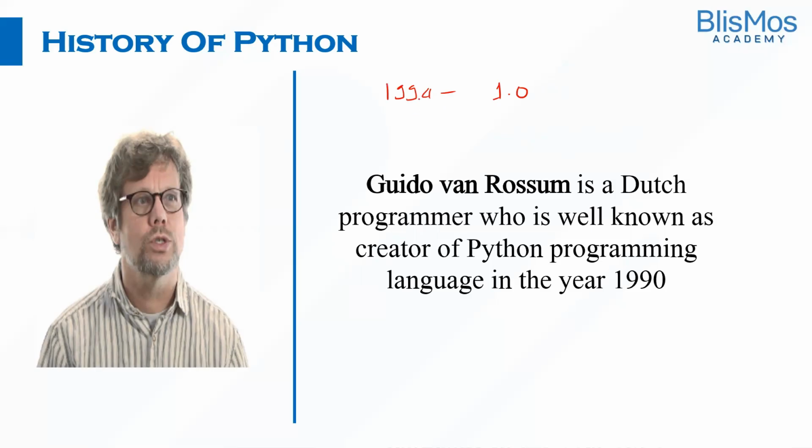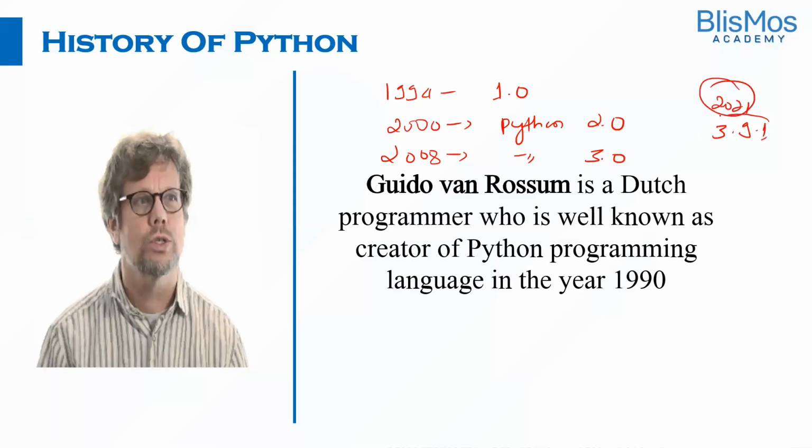Post that, somewhere in 2000 or so, we got Python 2.0. Now, somewhere around 2008, we got Python 3.0. As of now, in the current 2021, we have 3.9.1 as the latest version of Python being used.